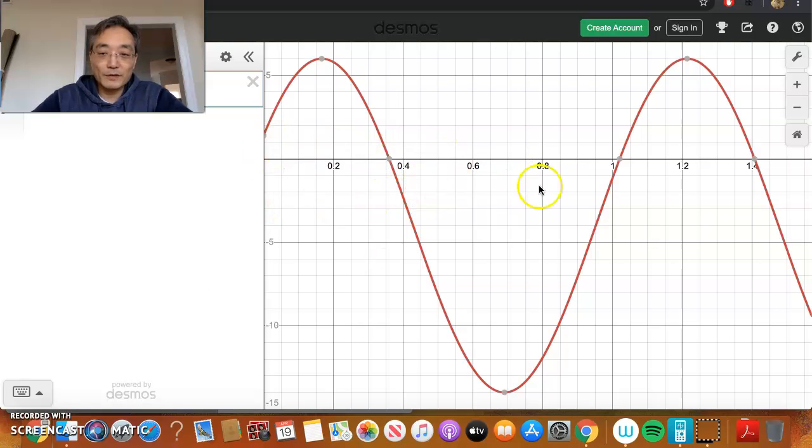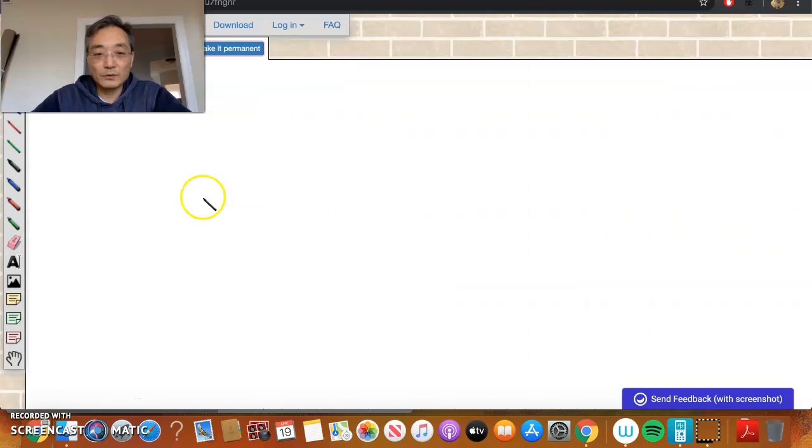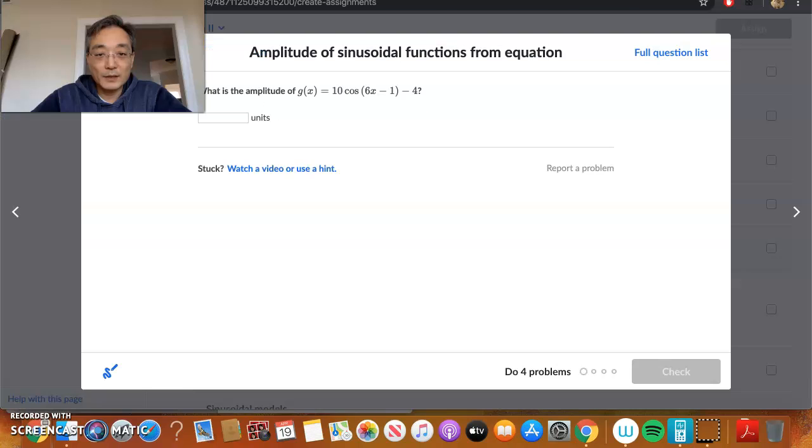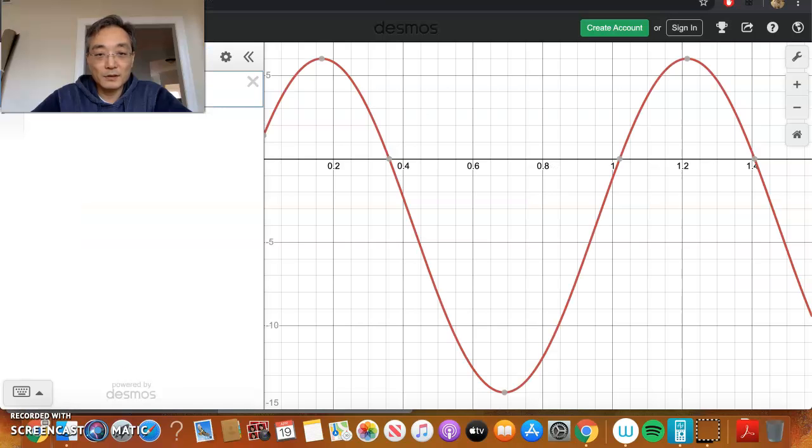In order to find the amplitude, we would go through the process that we did before of finding some points. The maximum point is (0.1667, 6).